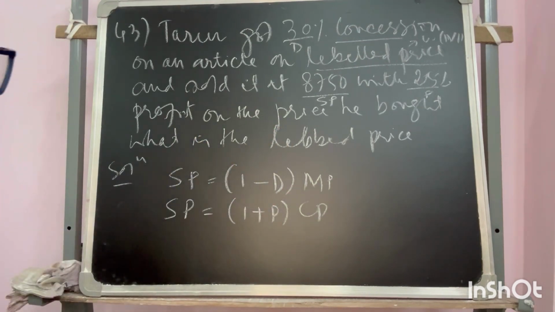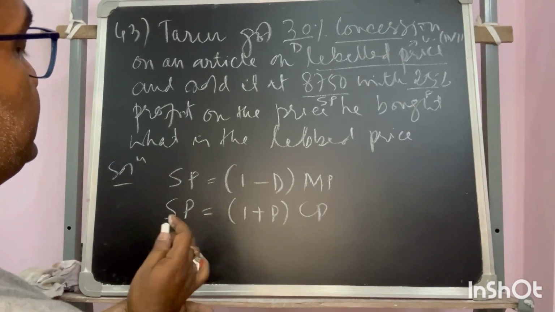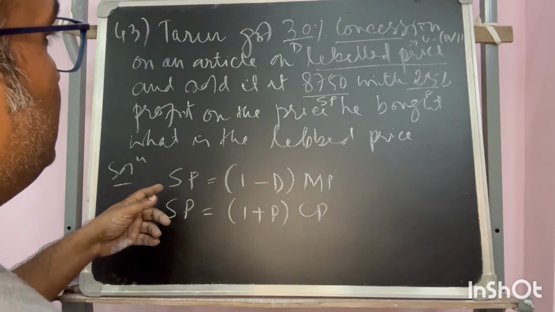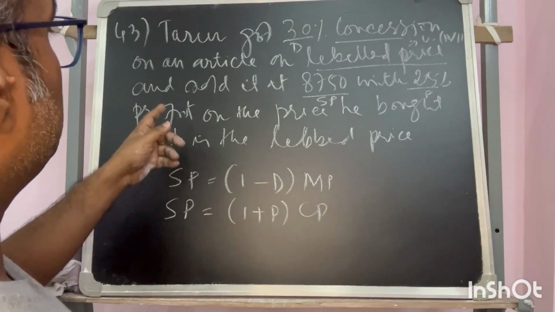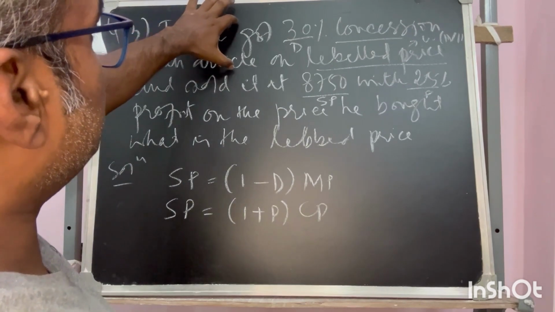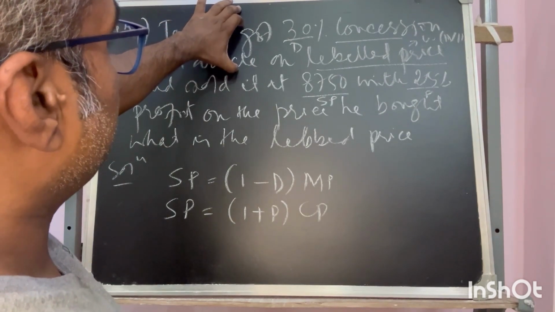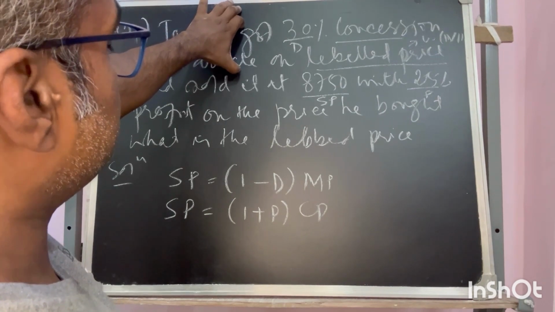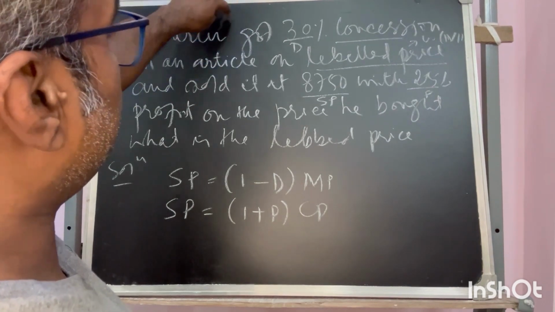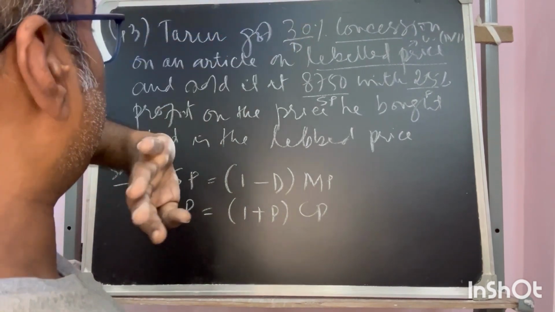Okay, fine. So what can we do exactly? Tarun got 30% discount on an article on the label price.